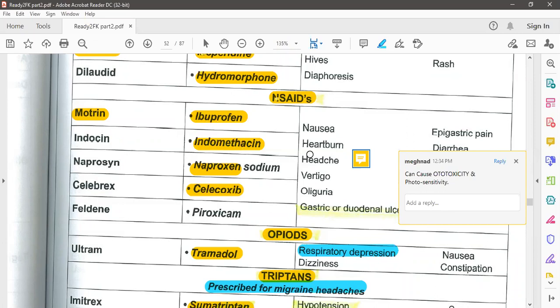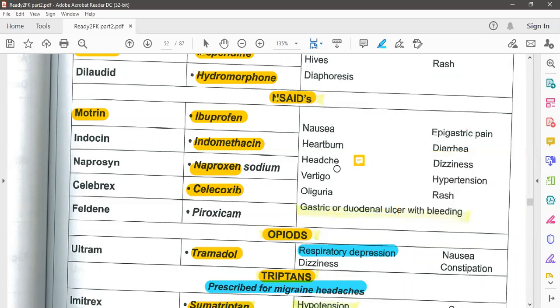Common side effects: they can cause nausea, heartburn, vertigo, oliguria, diarrhea, dizziness, hypertension, and gastric or duodenal ulcer with bleeding. So gastric and duodenal ulcer, this is the most dangerous and most important. And definitely, if we see the patient has GI bleeding or ototoxicity or phototoxicity, we notify the healthcare provider.